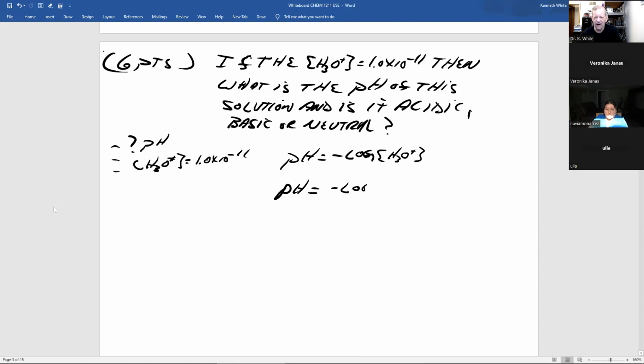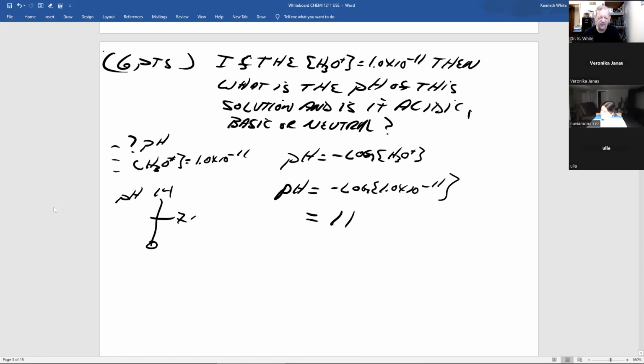pH equals minus the log of the hydronium ion concentration. In this case, it's 1.0 times 10 to the minus 11. When the hydronium ion concentration is 1.0 times 10 to the minus X, the pH is X. What is X? 11. Now, is it acidic, basic, or neutral? You need to know this chart.